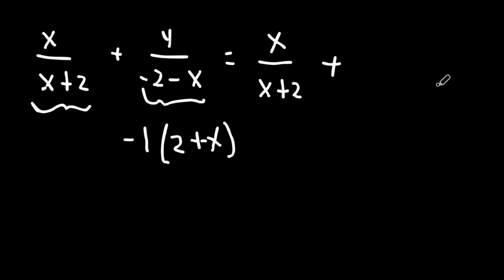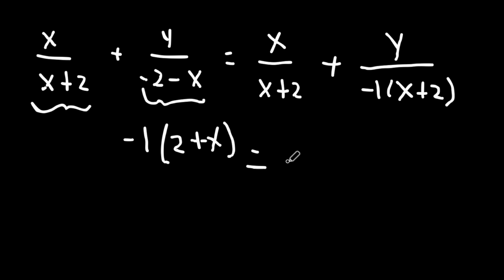And when I take out the negative 1 over here, then I can take out the x plus 2 just like that.